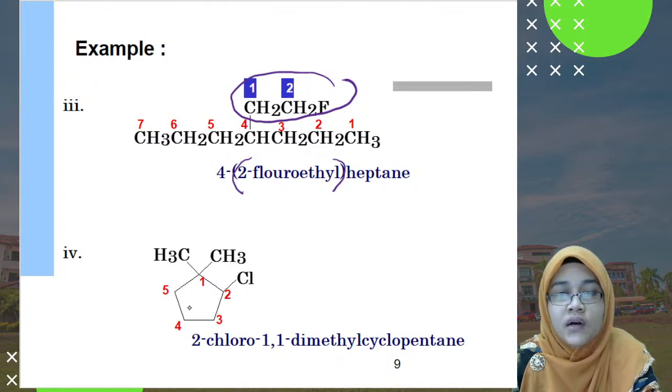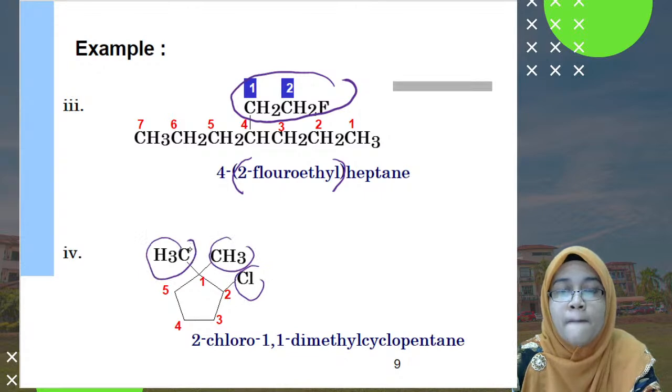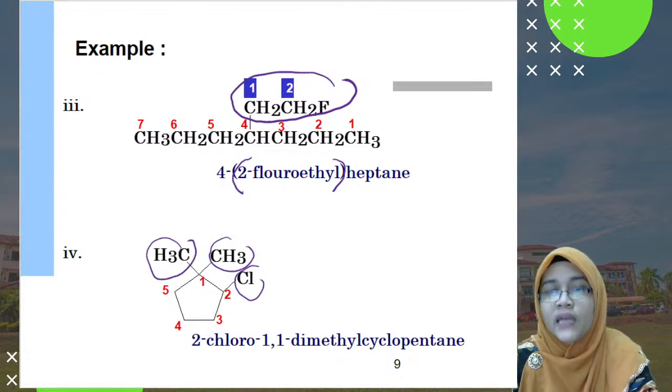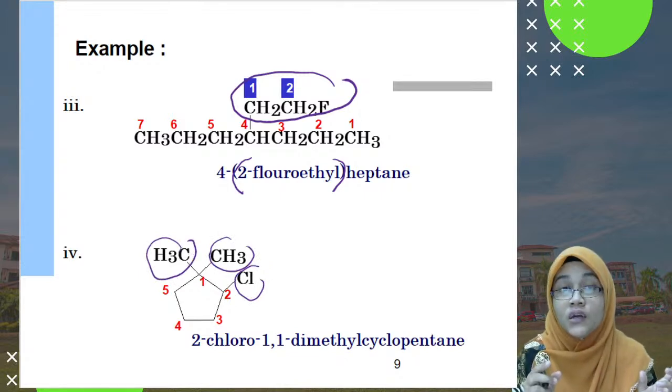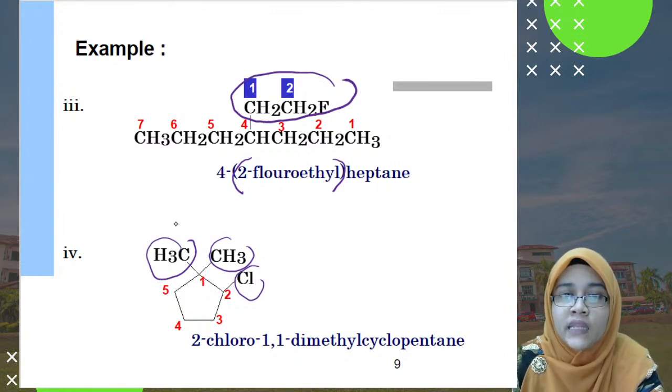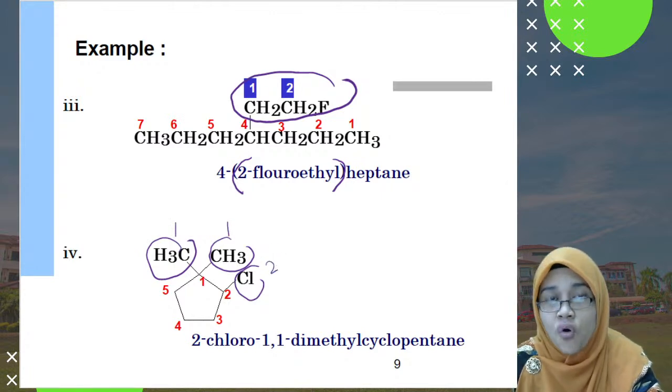Next example is a cyclic halide, which has 3 substituents: chloro and 2 methyl. Make sure you number so that the total of the substituent locations gets the lowest possible number. So methyl number 1, methyl number 1, chloro number 2. So the total will be 4. Alright.